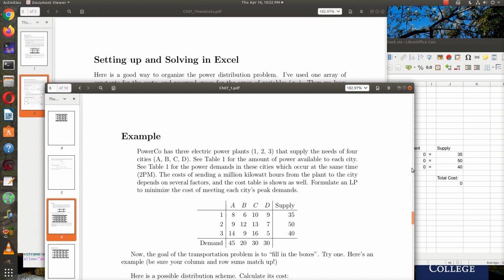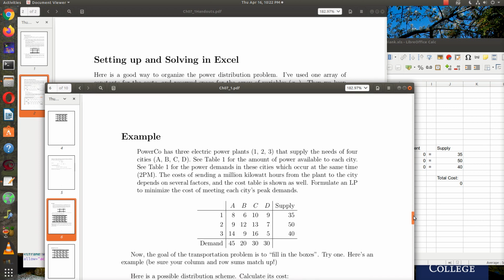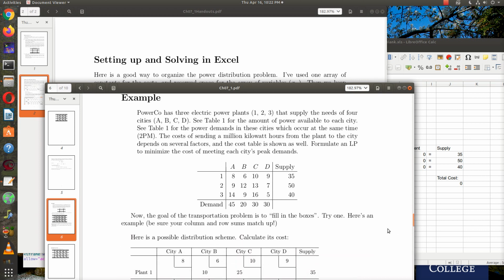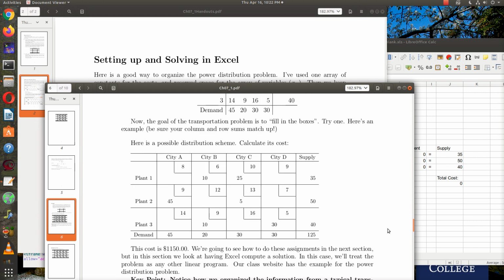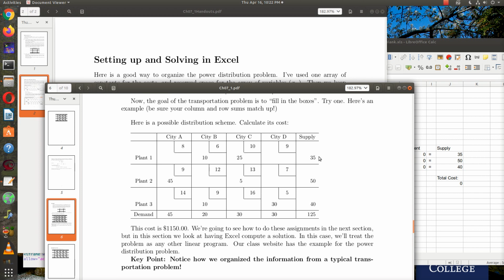Now putting this into a tableau would look something like the following. Notice that in this tableau we have 125 million kilowatt hours we're able to send out, and the demand is also 125. You see your costs here in the corners.